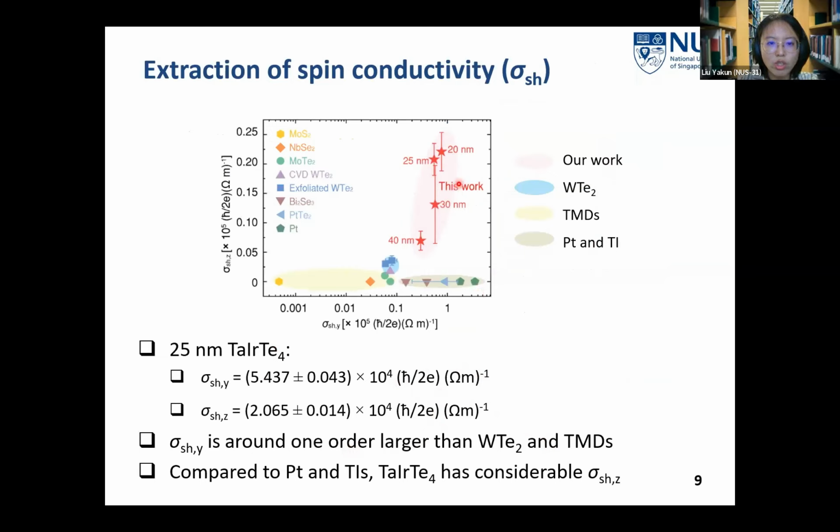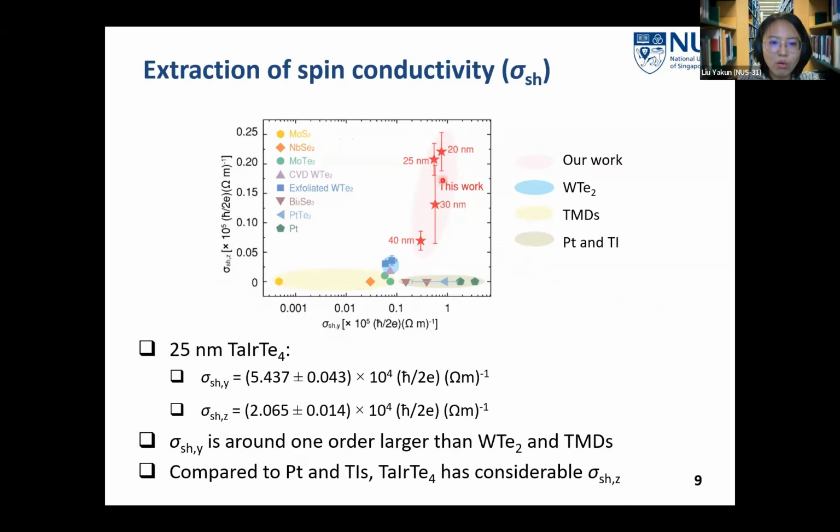We can see that our work is marked by the red area, while the other TMDs, including WTe2, are here. In this plot, the x-axis is the Y spin Hall conductivity, while the y-axis is the Z spin Hall conductivity. The further to the right and the higher, the better the Y and Z spin Hall conductivity.